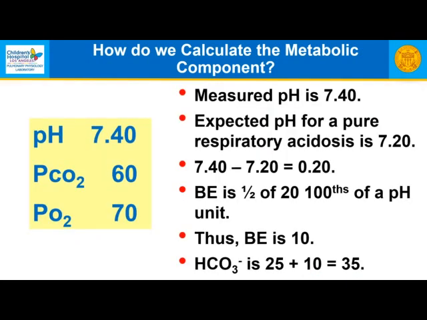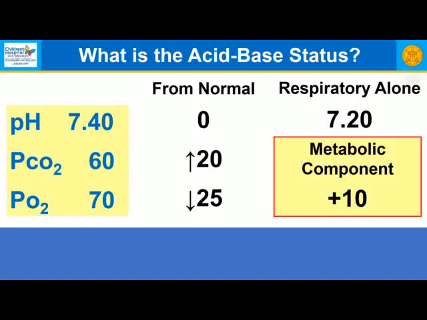In this case, our measured pH was 7.4. The expected pH for a pure respiratory acidosis was 7.2. 7.4 minus 7.2 is 0.2, or 20 hundredths of a pH unit. So the base excess is half that, 10. And the bicarb would be a normal bicarb, 25, plus 10, or 35. All right? Everyone okay? So here we have a metabolic component of 10.